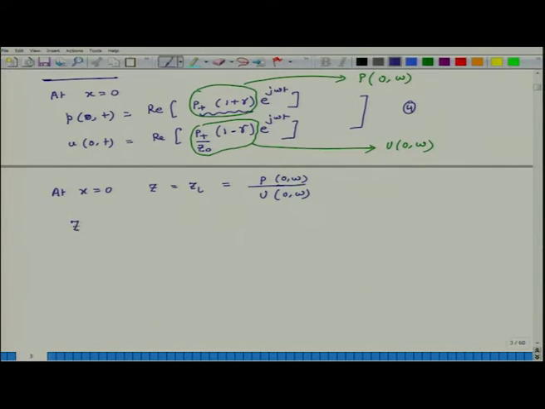So, we can say that ZL equals p plus times 1 plus gamma divided by p plus times 1 minus gamma, into z naught. Okay. So, p plus cancels out from numerator and denominator, and if I rearrange this, I can express this as gamma equals ZL minus Z naught divided by ZL plus Z naught.